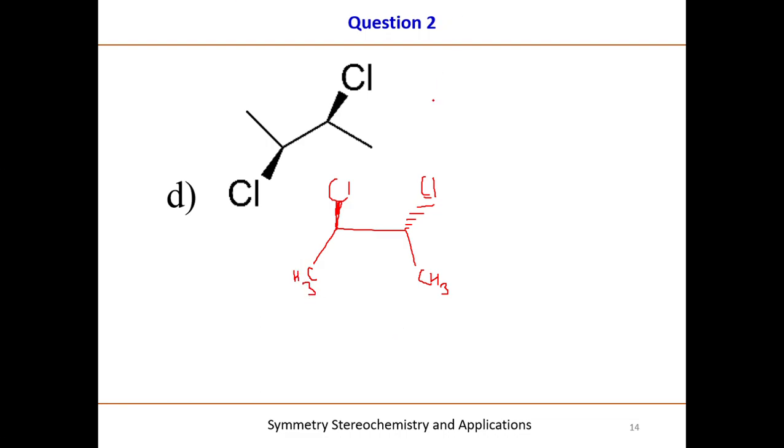Okay. Now let's write it down in Fischer form. So both the chlorines are on opposite sides. Here hydrogen, hydrogen, CH3.